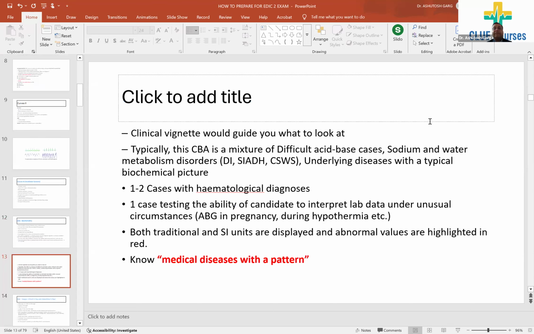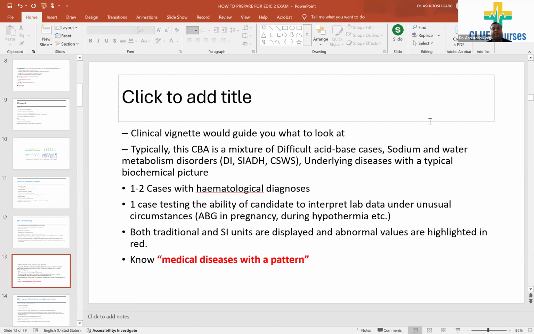Then the clinical vignette would guide you what to look at. Typically, this CBA is a mixture of difficult acid-base cases, sodium and water metabolism disorders, and underlying disease with a typical biochemical picture. So in the same patient, this is not a simple acid-base case. There must be some electrolyte imbalances along with some acid-base disorders.